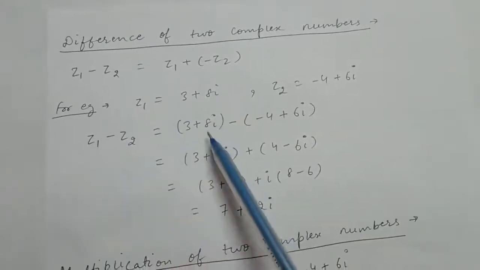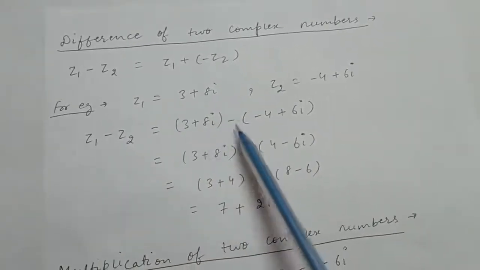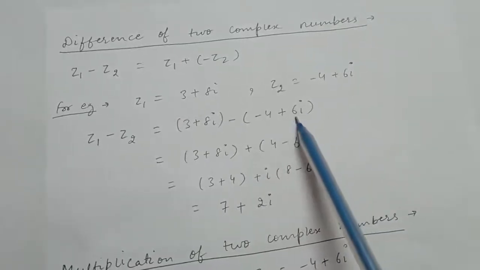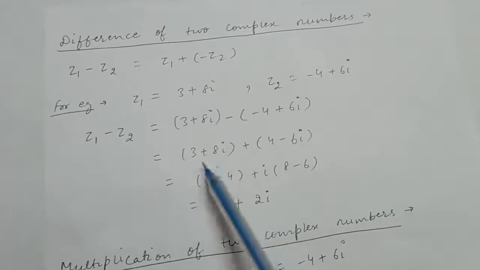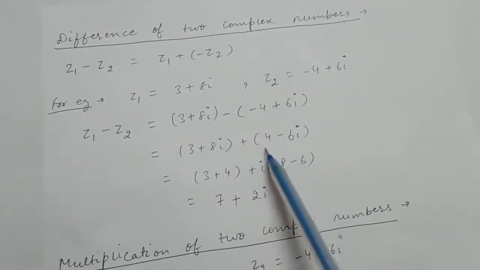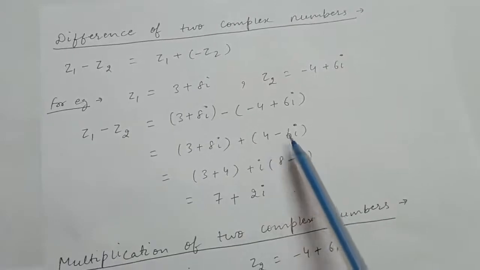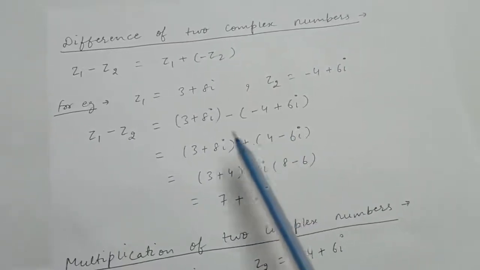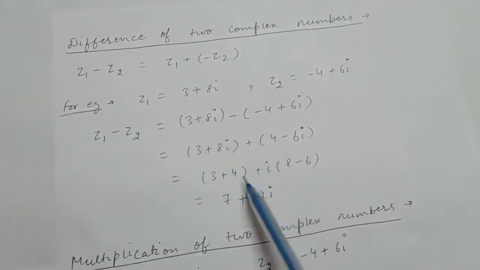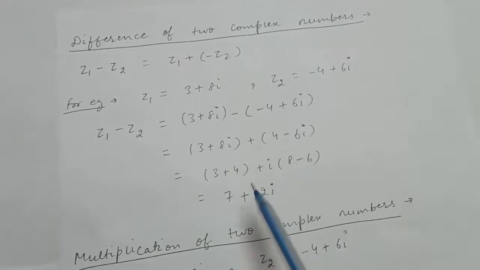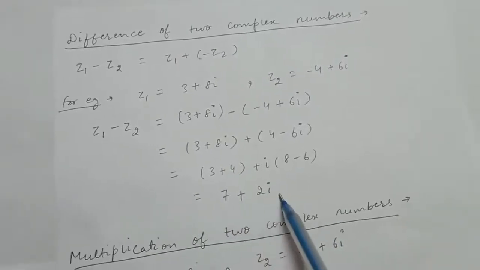So this will be 3 plus 8 iota minus of z2, which is minus 4 plus 6 iota. Now write this as 3 plus 8 iota plus, taking this minus sign inside, so this will become 4 minus 6 iota. Now you know the addition of two complex numbers, add their real parts plus iota add their imaginary parts. So you will get 7 plus 2 iota.